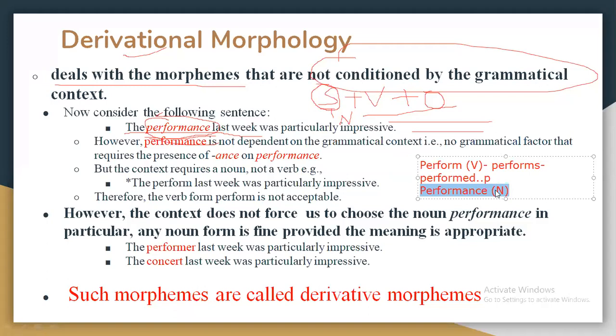Performance. And you don't have another option here, only one option. If you write performances, performed, performs, etc., it would be inflectional. Always in the place of subject, you have to write performance, whether it is past tense, whether it is present tense, and so on. That's why it is called derivational morphology. Are you clear?